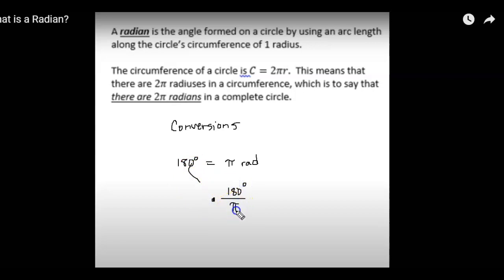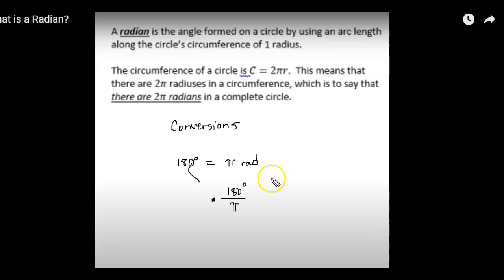degrees over pi. So these two are equal to each other, remember? Pi and 180 degrees, that's just equal to 1. So when you multiply a value by this, you are, in essence, just multiplying it by 1. But it's going to cancel out the radians in this number and leave me with degrees in this number.